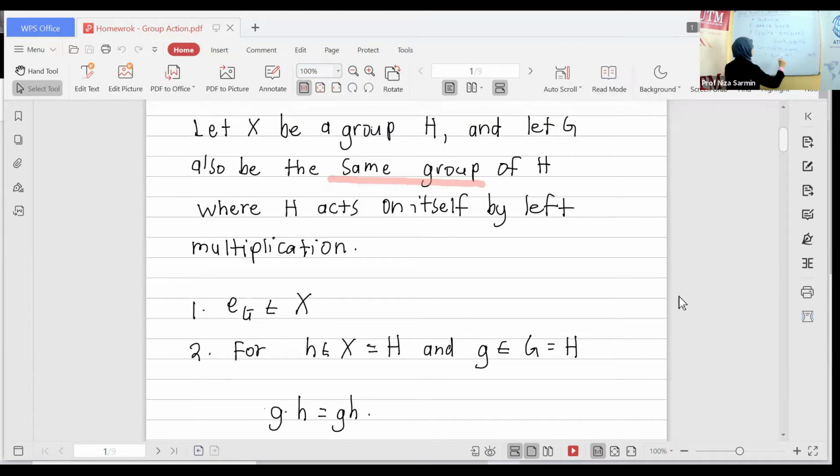And this is definitely equal to X, right? So this is the easiest one. Okay, you have E_G also in G. This one is actually the, oh, sorry. This is actually the identity of G, which is in G, which is H in our case. Okay, so they are equal.